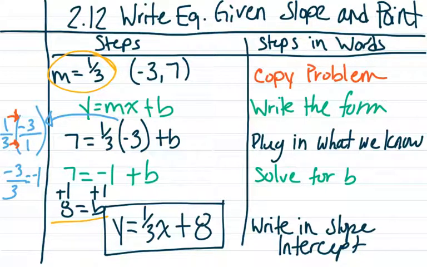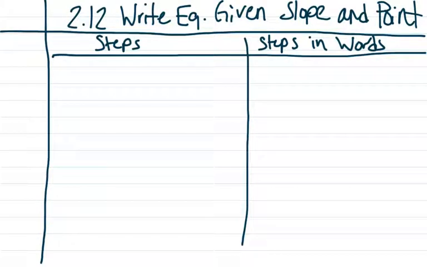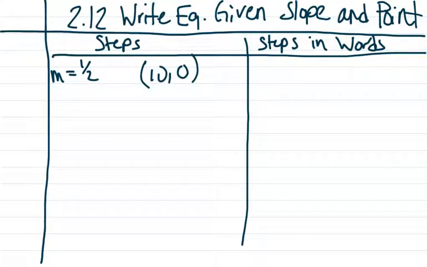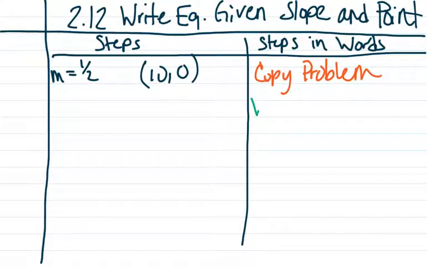So let's go ahead and do one more. This one also has a fraction. So here we have m equals 1/2, and our point is (10, 0). So remember, that is still not a y-intercept because the 0 would have to be in the x. So this is copy the problem. And then, of course, write the form.